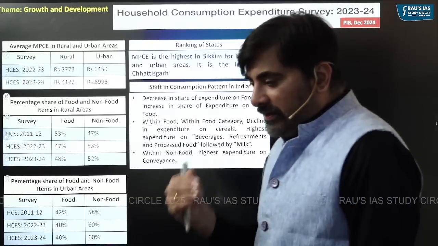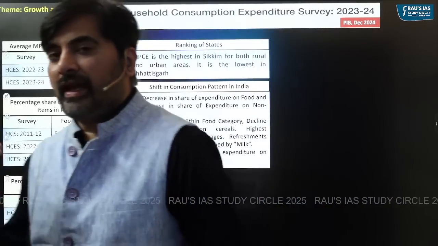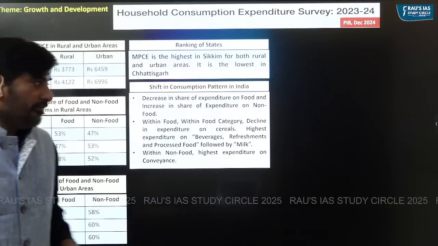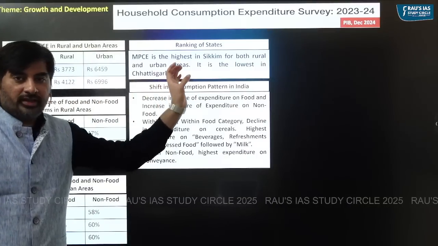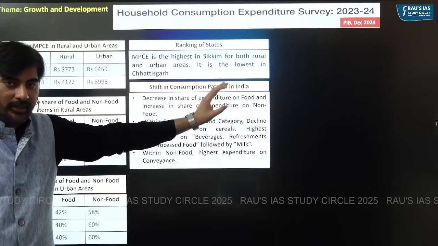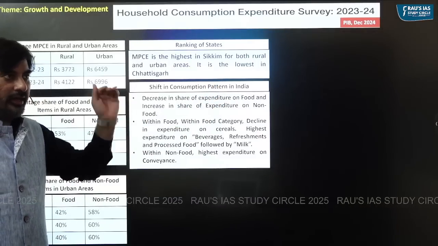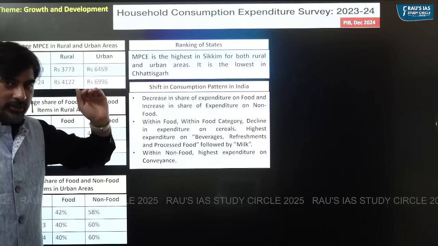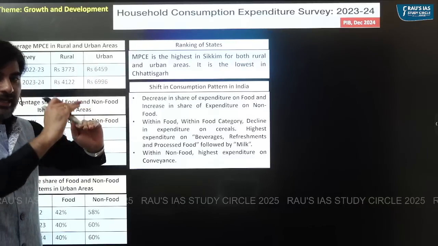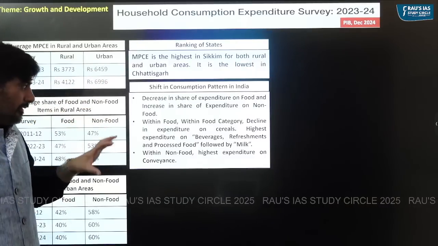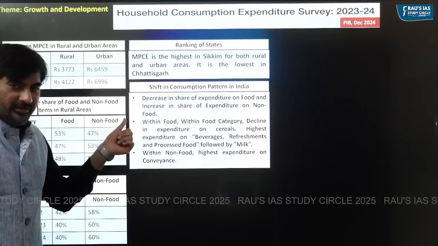The most important thing, both from prelims and mains, is we are witnessing a shift in consumption pattern in India. One particular shift I have already discussed, where the expenditure on food has got reduced while expenditure on non-food has increased. But can you see the second one?